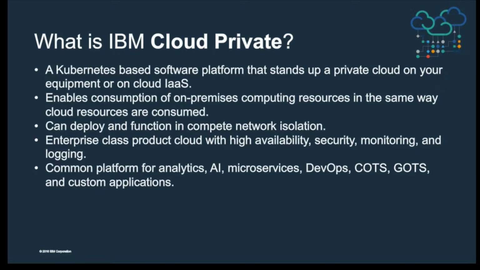And a lot of the times, especially in federal, there's no access to those sorts of capabilities on the federal clouds, or for security reasons, you can't move to a federal cloud. So this allows you to get those same capabilities behind your firewall, completely under your control. One great thing about this, and I'll cover this more later, is that we can deploy and function in complete network isolation.